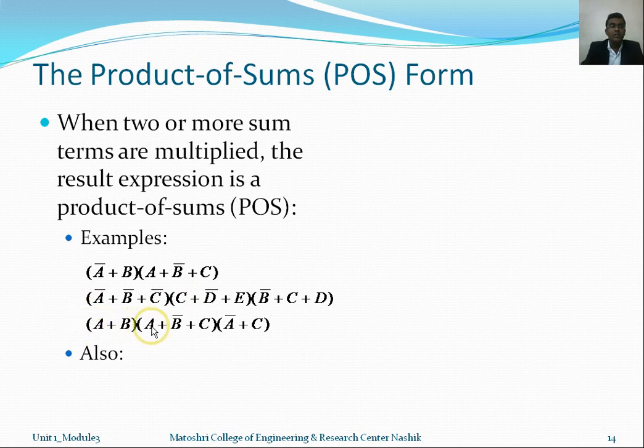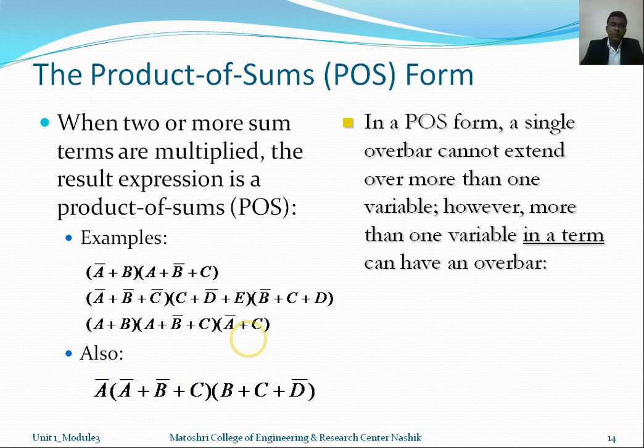In the third example, there are again three sum terms, and it is the product of these three sum terms. Also, if there is a single variable outside the brackets, we consider it a sum term, because any variable by itself gives the same output.